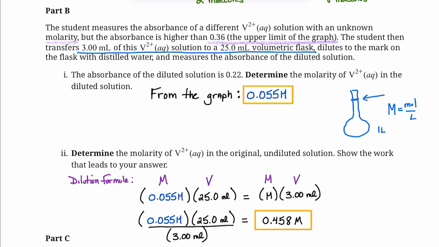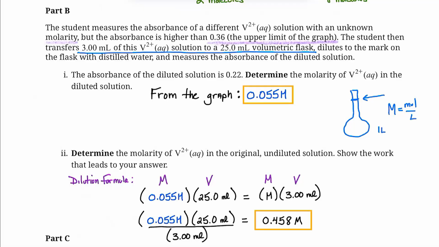That's what they want for part I. They want to know what the concentration of that diluted solution is from your graph. So they're saying the absorbance in part B-I is 0.22. What is the molarity from that calibration curve now that we can use it because it's diluted?